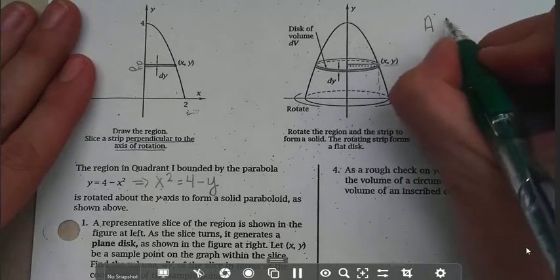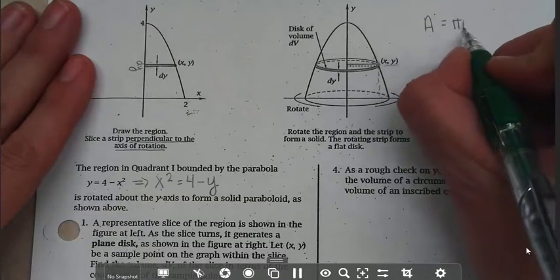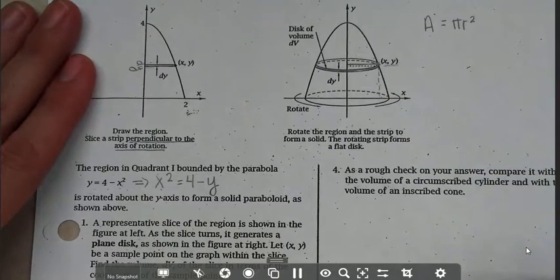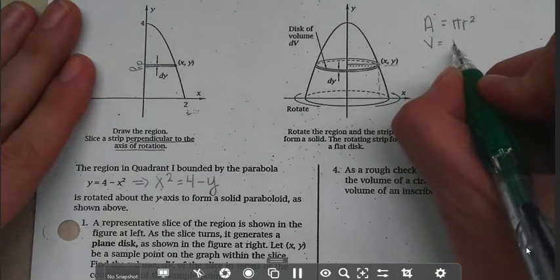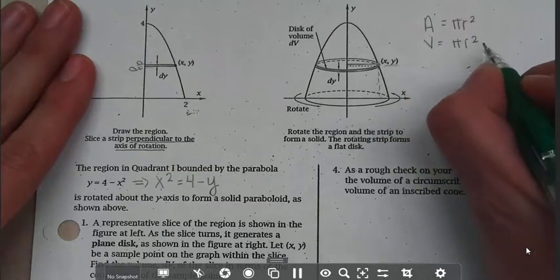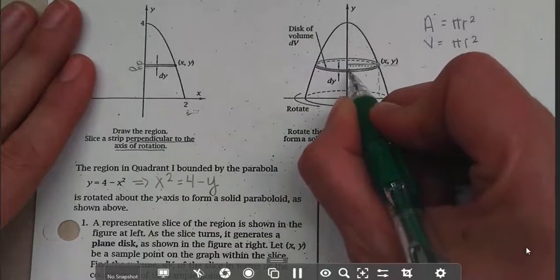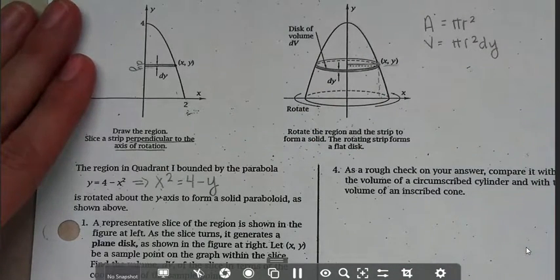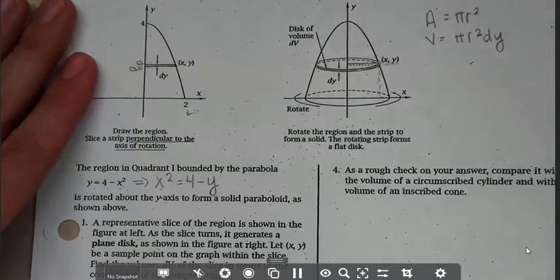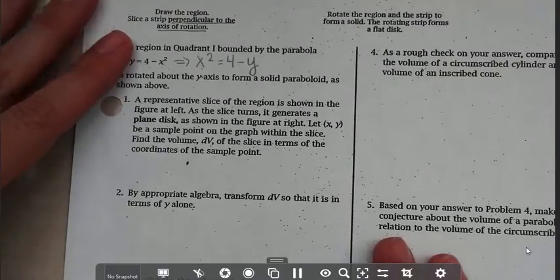So the area is going to be pi r squared, of any circle. And the volume here is going to be pi r squared times that width, which is dy. So that's basically what we are figuring out right now. I kind of just did it for you.